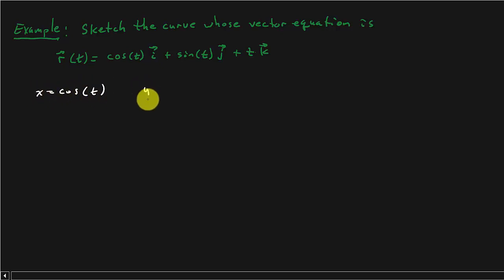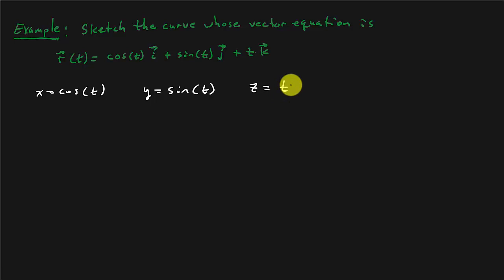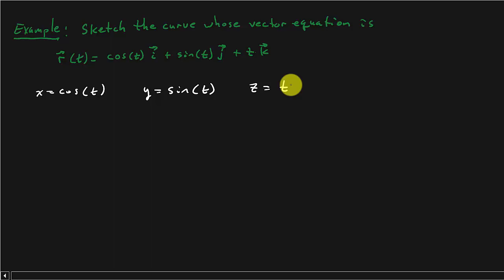So we've got x is equal to cosine t, y is equal to sine t, and z is equal to t. So the first thing we want to do is graph the surface. There are different ways you can do it, but take two components that you know, like x equals cosine, y equals sine.